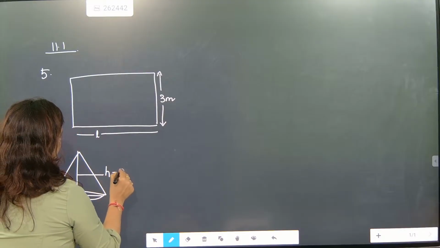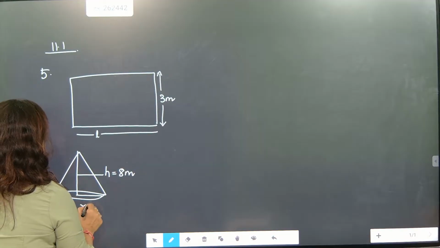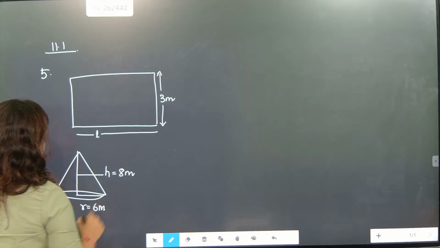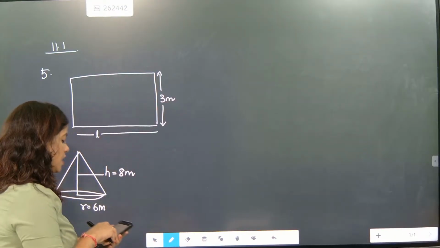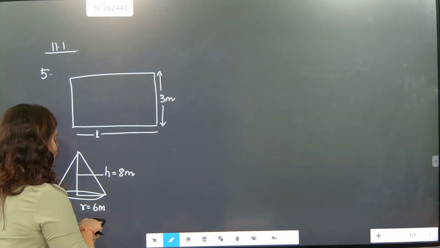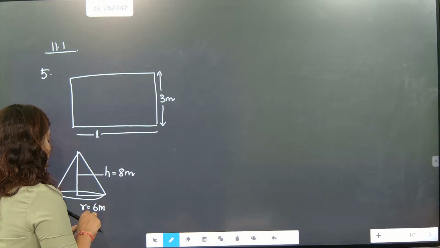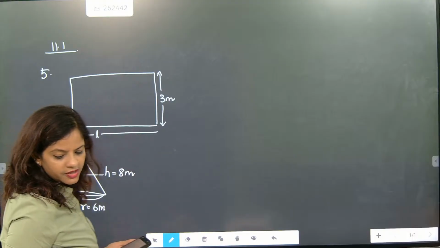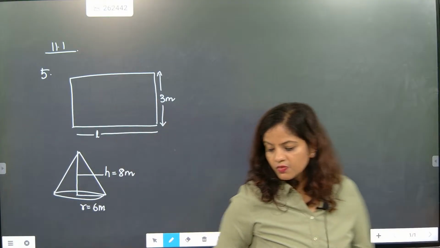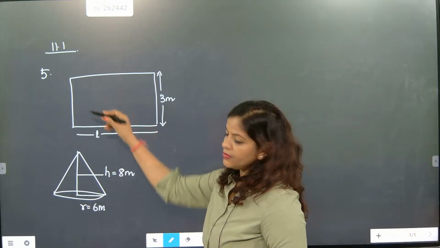So height is 8 meter and radius is 6 meter, assuming that the extra length of the material that will be required for stitching margin and wastage in cutting is approximately 20 centimeter. So extra cloth material is 20 centimeter. NCERT question.